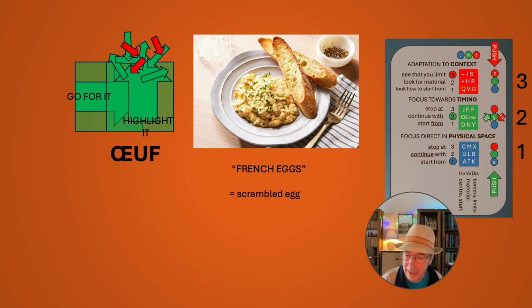The French egg, by the way, is also something that is known as a recipe, and that's scrambled egg, which again confirms that attention to the material. They're busy with it. They're busy, like, what can I do with it? What kind of qualities can I get out of it? It's already the next level.